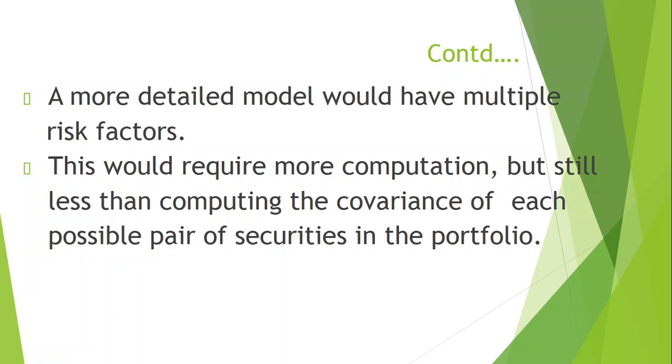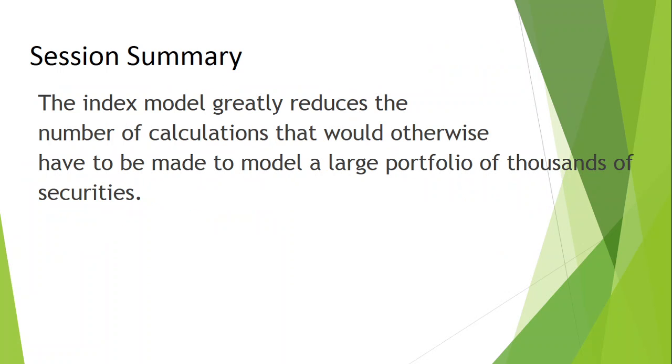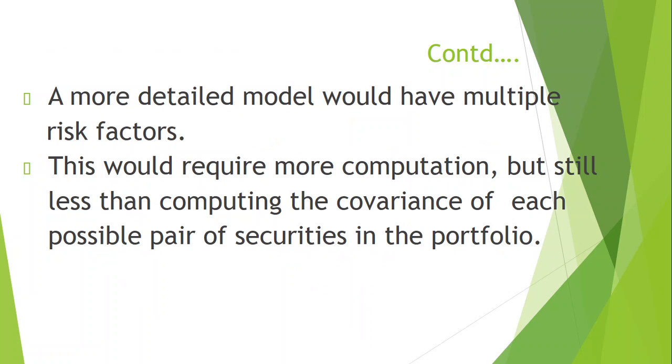A more detailed model would have multiple risk factors. This would require more computation, but still less than computing the covariance of each possible pair of securities in the portfolio.